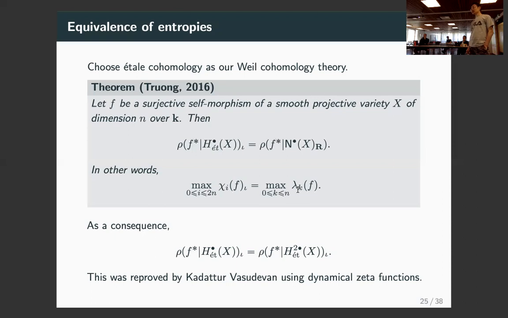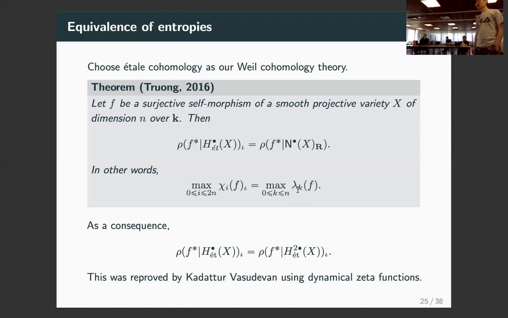In other words, the maximum of all cohomological dynamic degrees chi_i with respect to any field isomorphism iota is the same as the maximum of all lambda_k, the numerical dynamic degrees, because here we assume F is a morphism. So when F is a morphism, the spectral radius is the same as the dynamic degree.